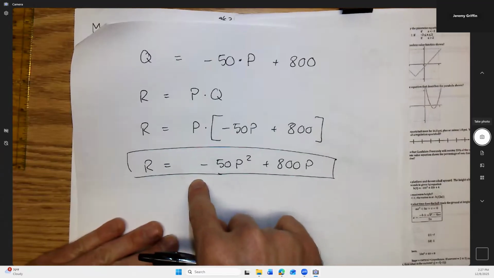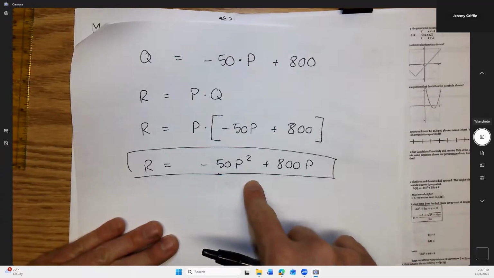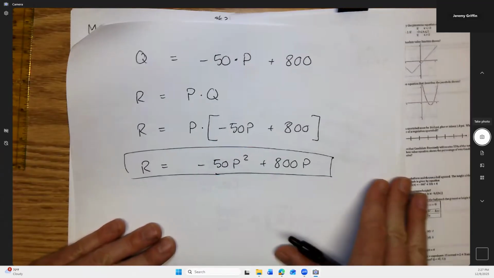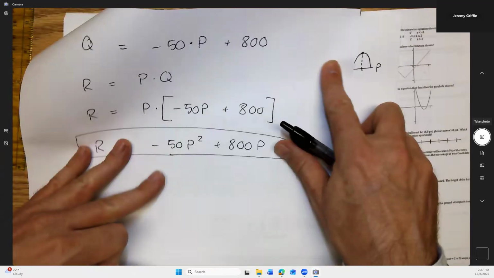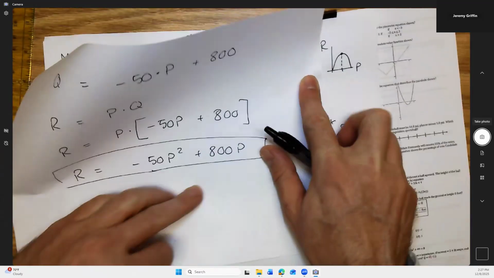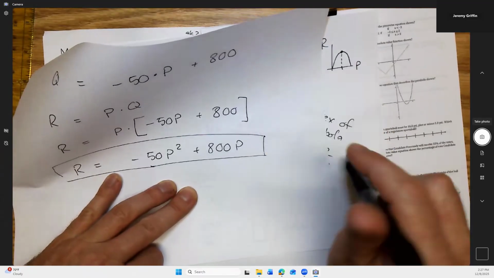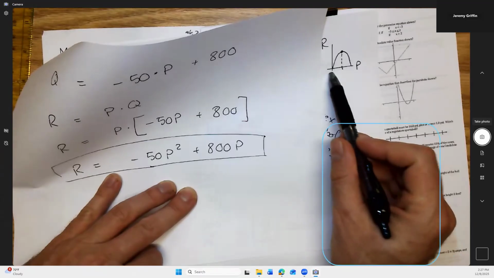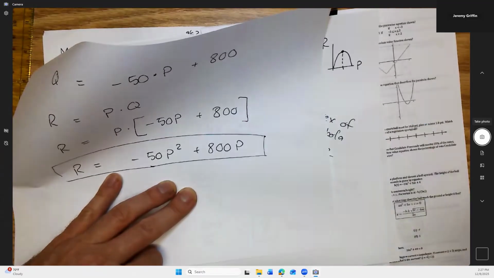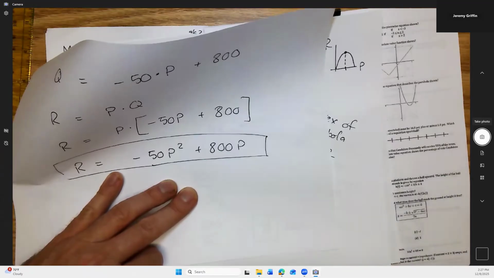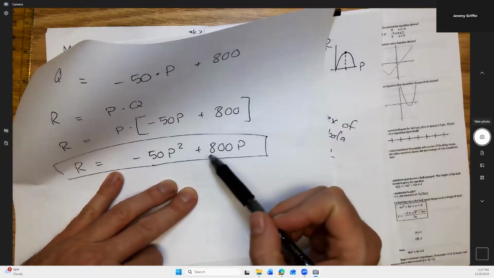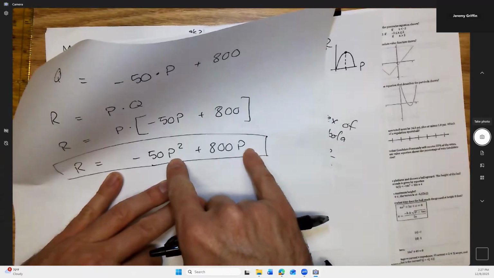Do you guys know what shape graph this makes? If I graph revenue as a function of price, what shape graph is that? Parabola. It is. It's an upside down parabola, isn't it? Here's this equation basically sketched out. Revenue is a function of price. If I give it away for free, I'm not going to make any money. Is that true? Yes, because if you plug in 0 for P, you get 0 revenue.